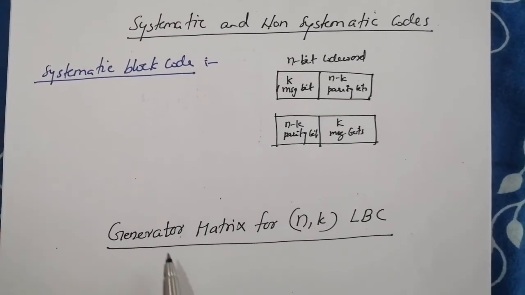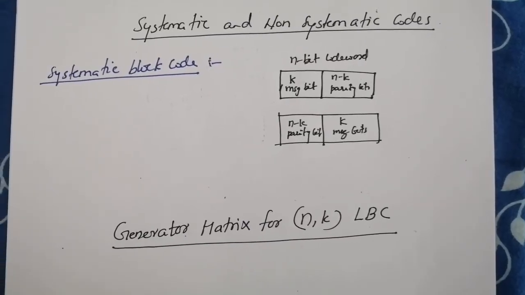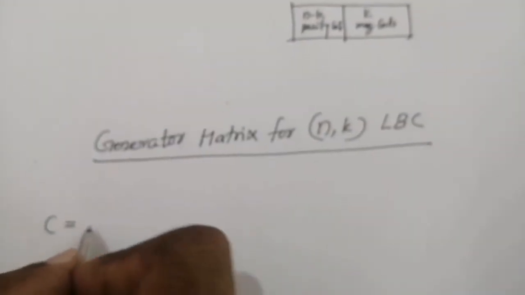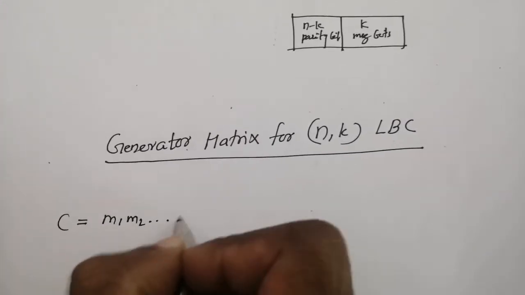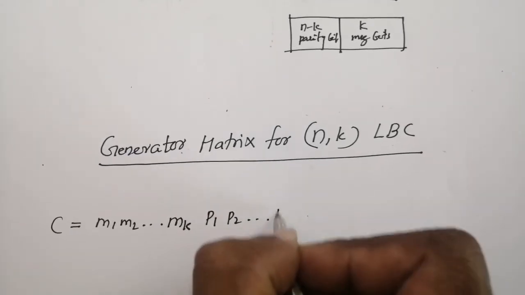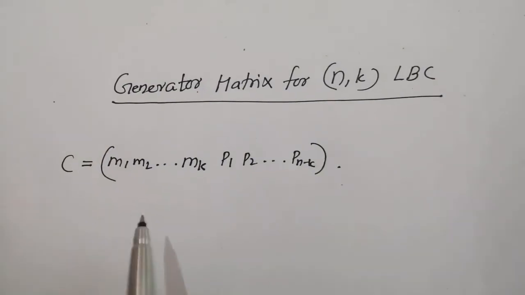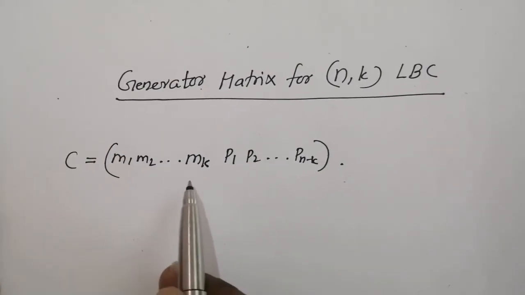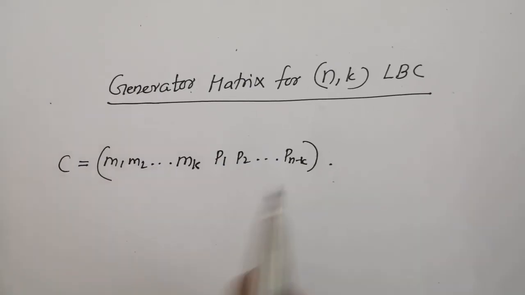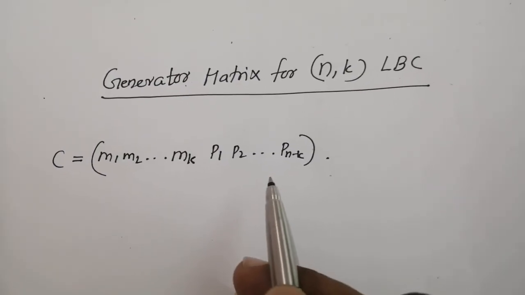Now we will look at the concept of the generator matrix for an (n,k) linear block code. Generally, a code vector in systematic form is represented as C = m1, m2, ..., mk, p1, p2, ..., pn-k. The n-bit code vector in systematic form consists of k message bits and n-k parity bits, where m1, m2 are message bits and p1, p2 are parity bits.